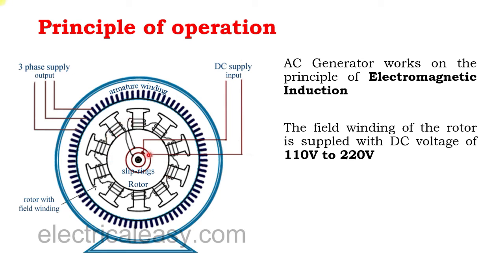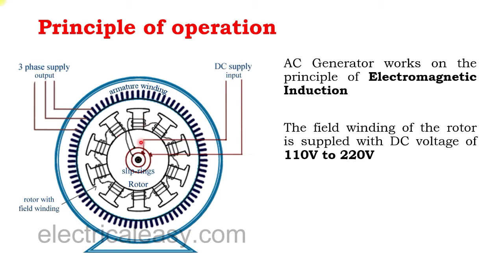These are the carbon brushes, these are the slip rings. When DC supply is connected to the rotor, the field winding produces an electromagnetic field. This electromagnetic field is constant because we are using DC supply.